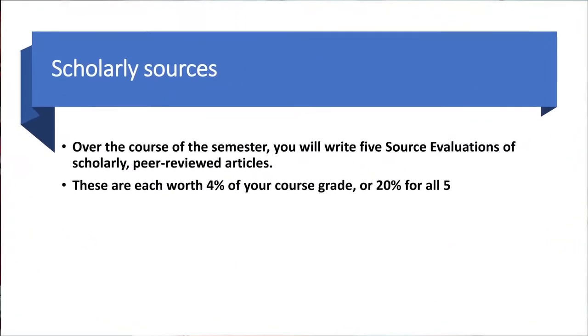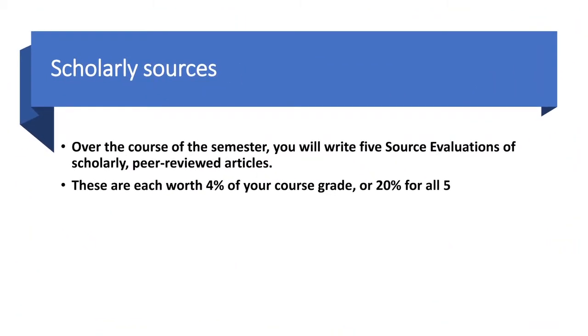You will do 5 of these in the course of the semester. They will all be of scholarly peer-reviewed articles. Only scholarly peer-reviewed articles are acceptable for these 5 source evaluations. For your research paper, you will need at least 7 scholarly sources.